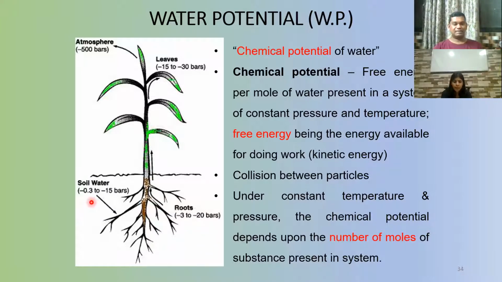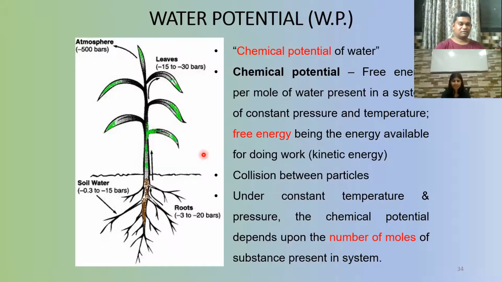Soil water has a pressure of around minus 0.3 to minus 15 bars, the roots around minus 3 to minus 20, and the leaves approximately minus 15 to minus 30. So they have to maintain that pressure between the living system and the atmosphere.